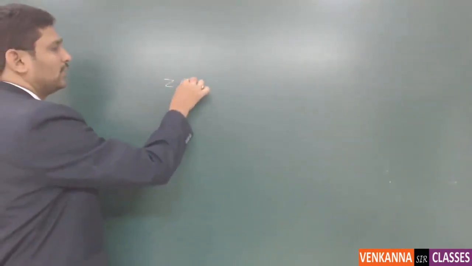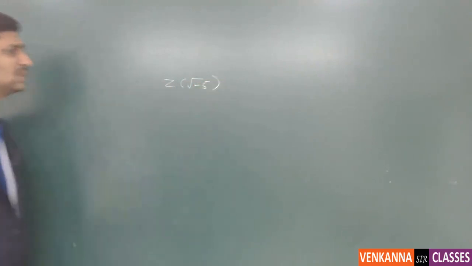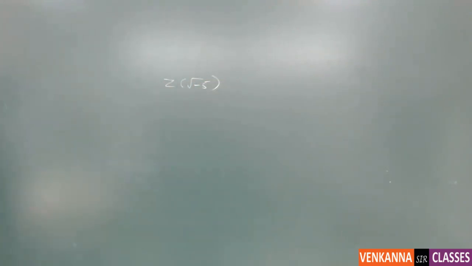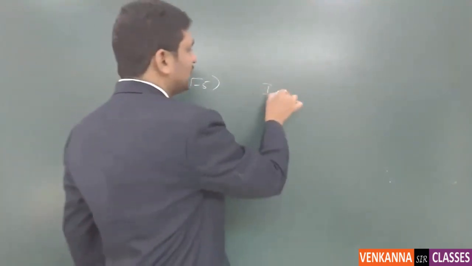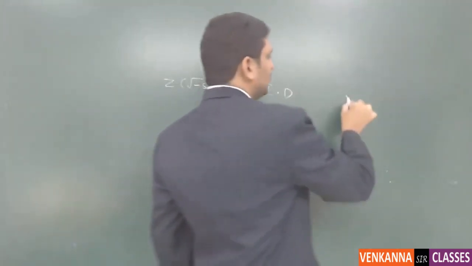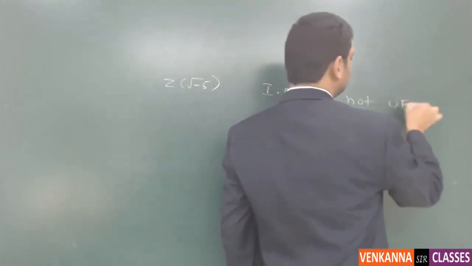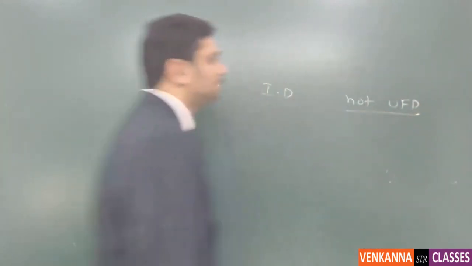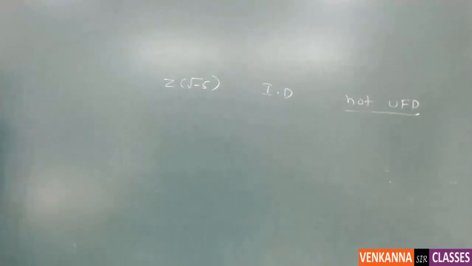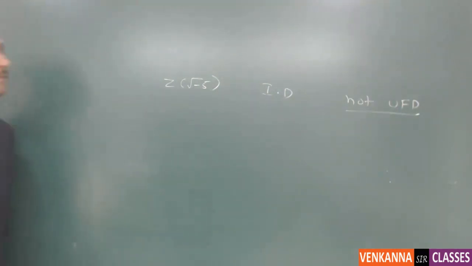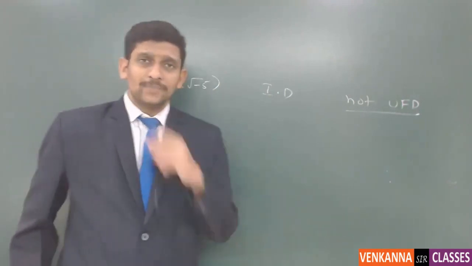You take the context of Z root of minus 5. We know that it is an integral domain, but it is not a UFD. Just now you have asked how to prove the second condition. For that I am taking this example. So what does it mean?